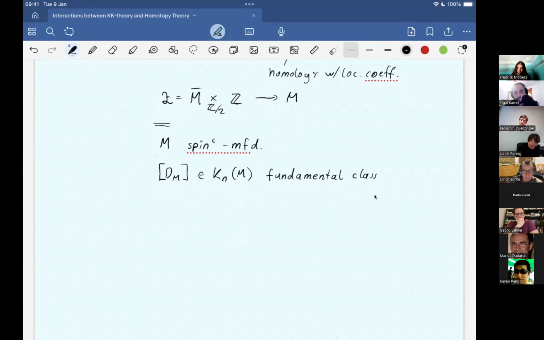And this is very much like an orientability condition, but for K theory. This is sometimes also called K orientable.